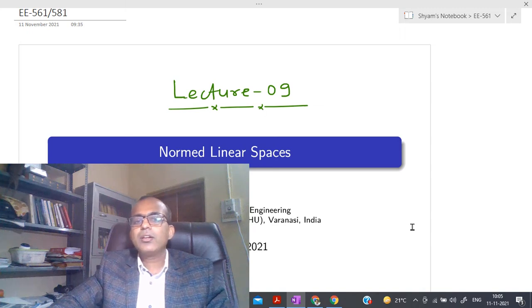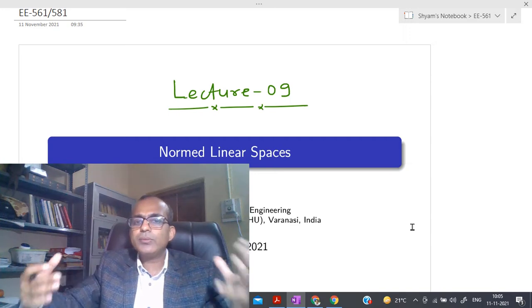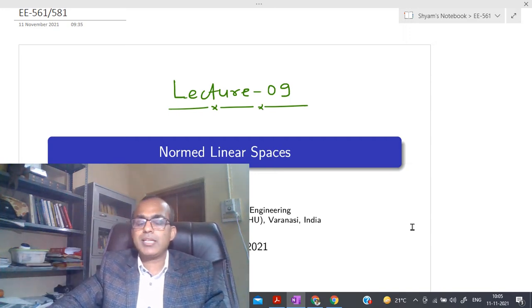After that, we found that we have the concepts of linear combination, basis, span, and dimension. These kinds of things we explored in the previous class.